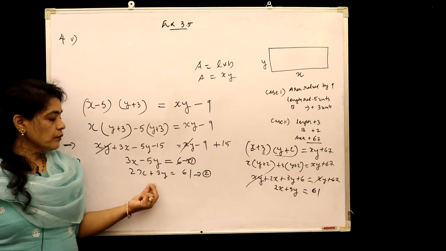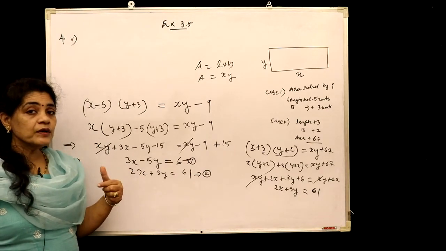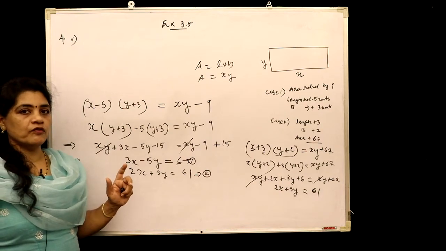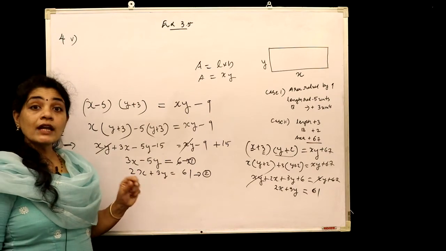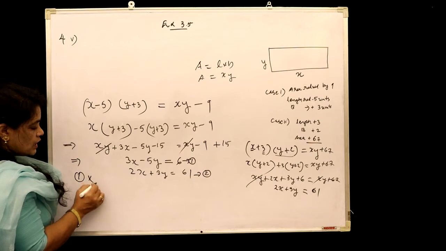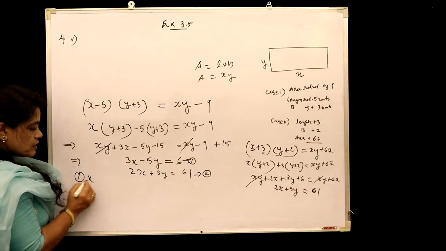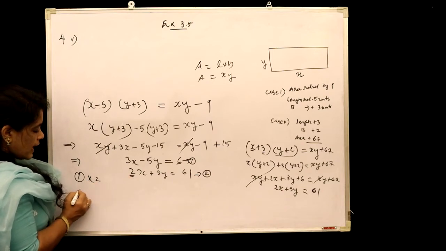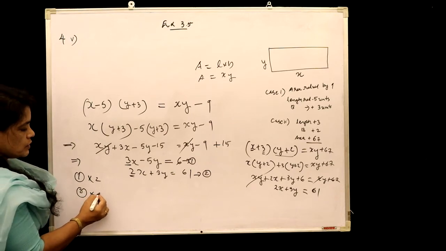Okay, if you want to eliminate one of the variables, what is the condition? You can easily do it only when both have the same coefficient. Here x has different coefficients, y also. So what is the only method? Multiply the second equation by the coefficient of x in the first equation, and the first equation by the coefficient of x in the second equation, 3.